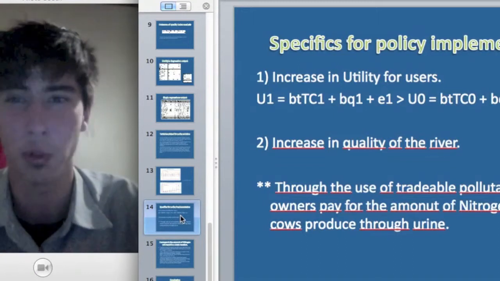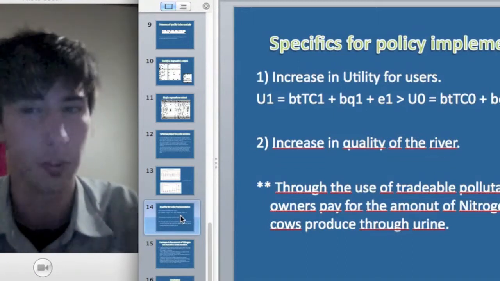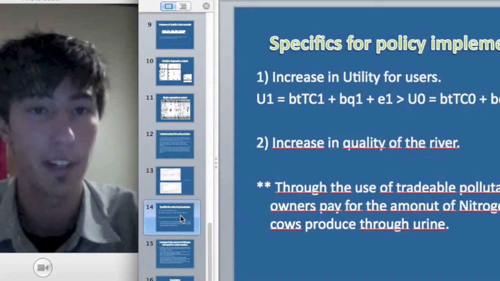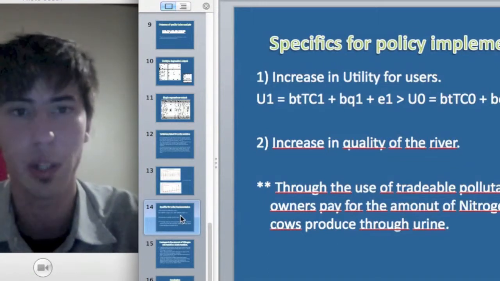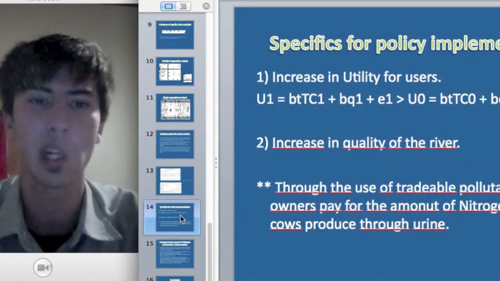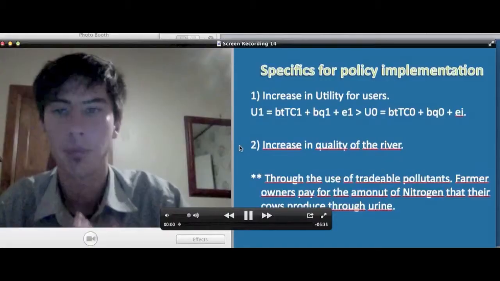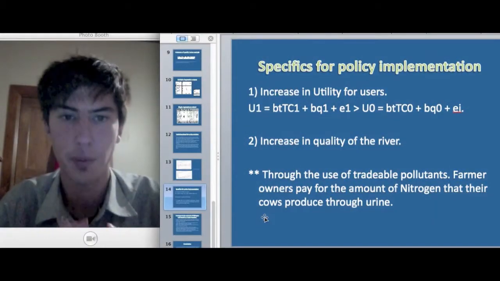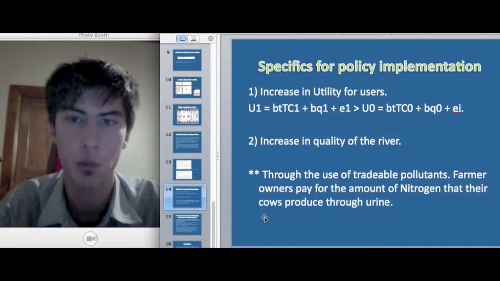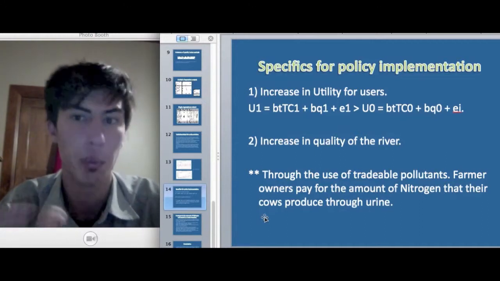We expect to achieve this by charging them a price for a single unit of pollution that you need to buy in order to keep your livestock, your production levels and the number of cows that you have.